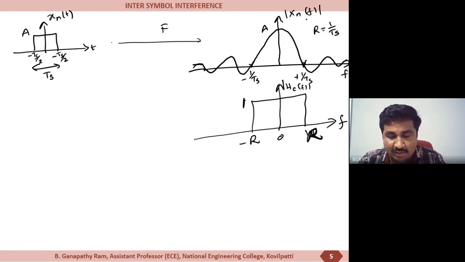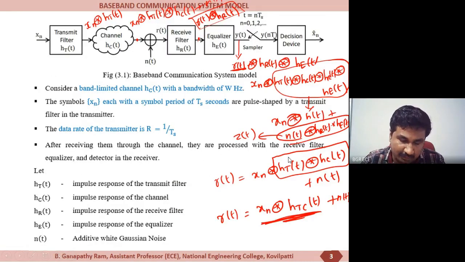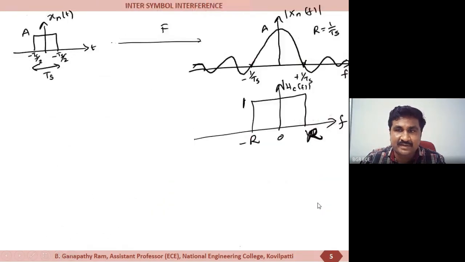So if you allow this infinite extent signal through this particular bandwidth, in time domain it is being convolved, because the output of the channel filter is the convolution of the symbol with its impulse response.